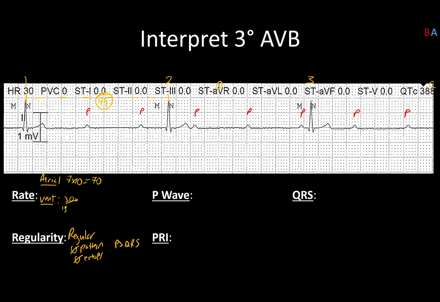So 1500 divided by 49 gives us an exact heart rate of 30. So obviously bradycardic. That part's done. Next part, atrial. Let's figure out what we have here. I'll measure from the start of this first one to the start of the second one, and that comes out to be about 19.